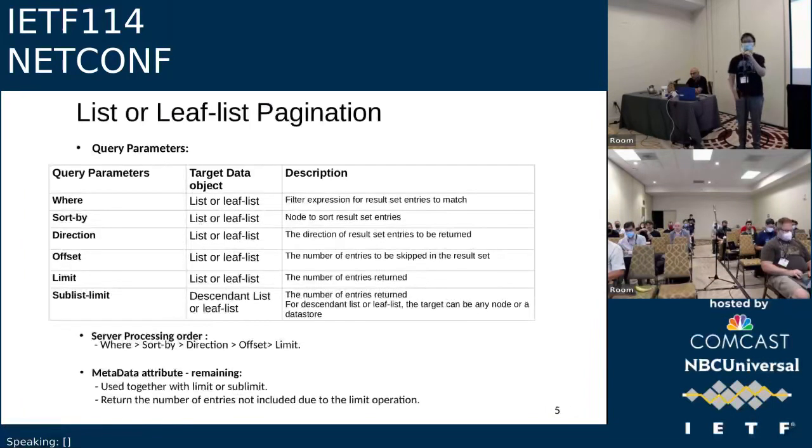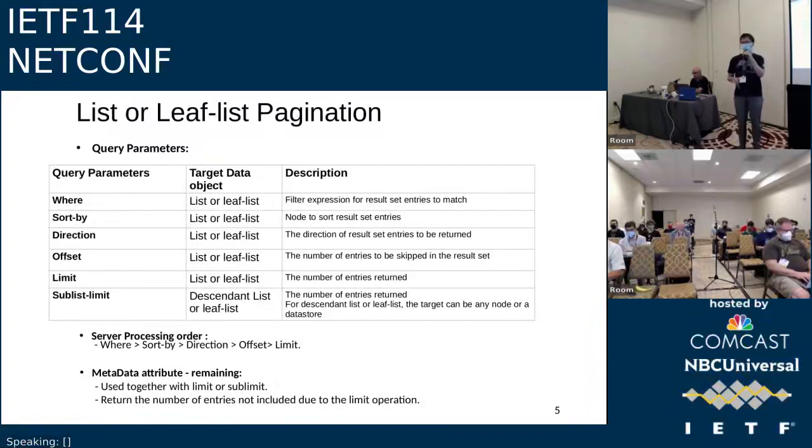First I want to introduce the list pagination mechanism draft. In this draft, we define six query parameters. As we clarified, we try to borrow concepts from the SQL statements used in database queries, for example select and where.